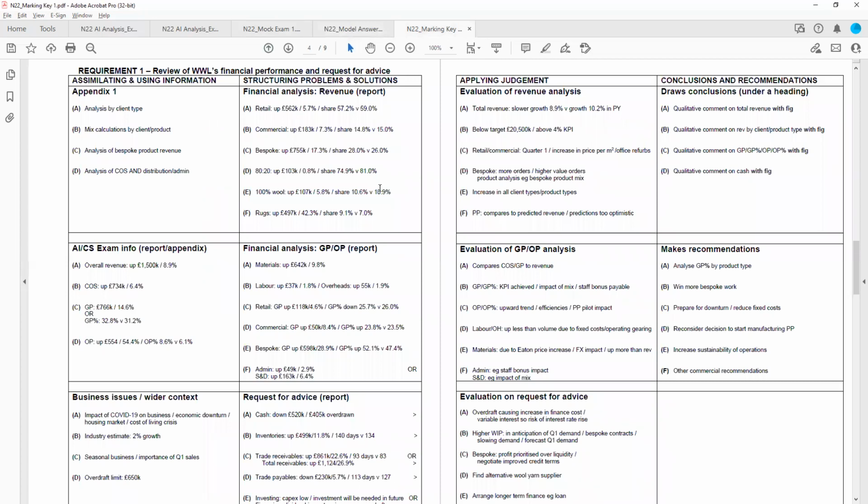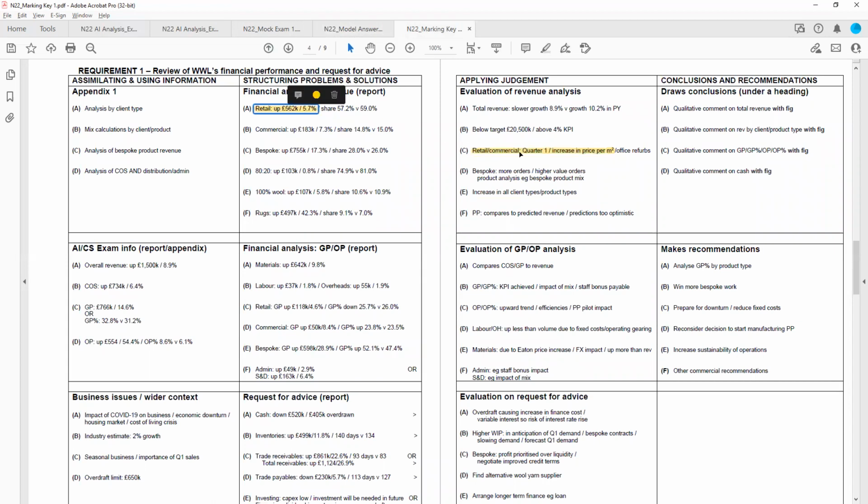You can see what we're doing on the marking key is this box is for the numbers. So retail numbers: you can have either the absolute or the percentage, but I've got both. You only need one when it's a backslash like that. So number, and then reason: retail Q1 increase in price. They combined retail and commercial there.